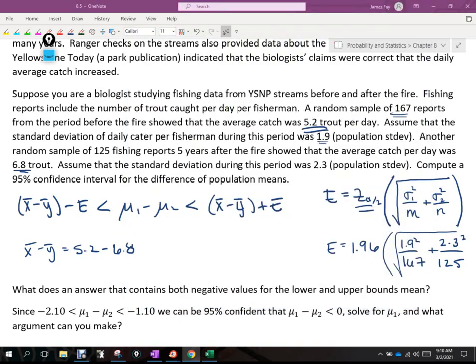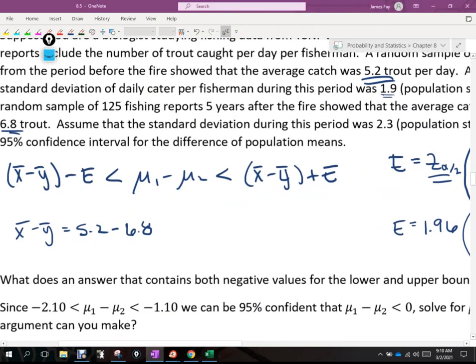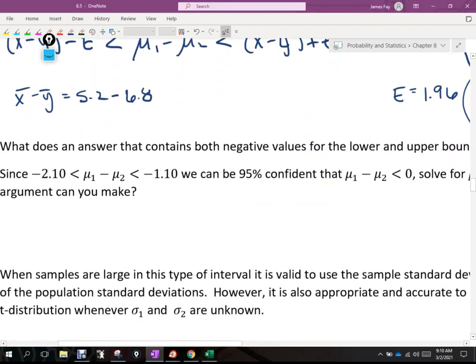Okay. And you can see here in the notes I've already got those values kind of typed through. But now it says negative 2 less than mu1 minus mu2 less than negative 1, right? So what does mu1 minus mu2 have to be? What kind of number? Mu1 minus mu2 has to be a negative number.